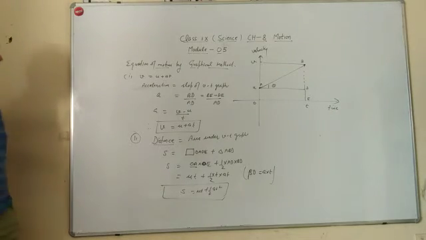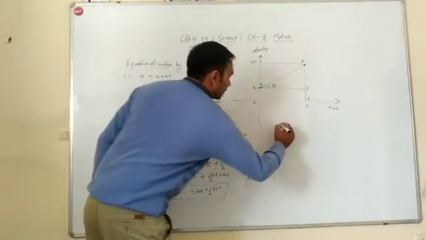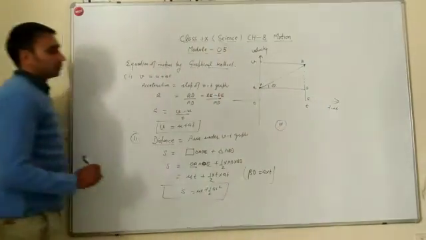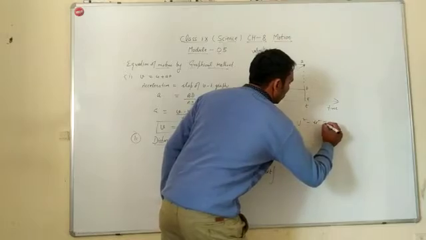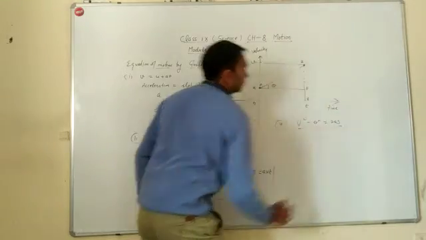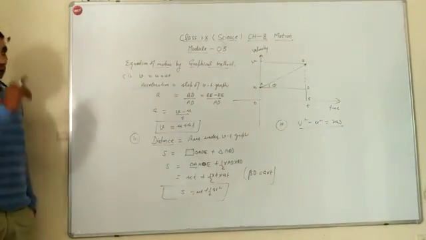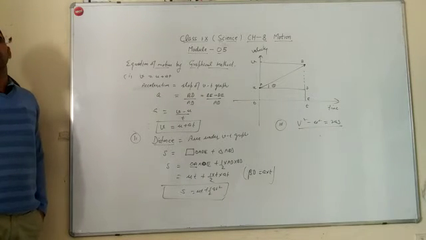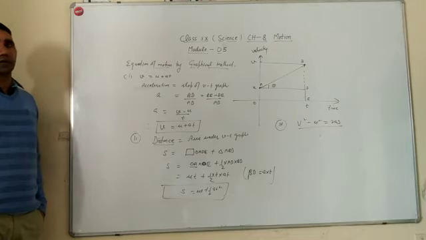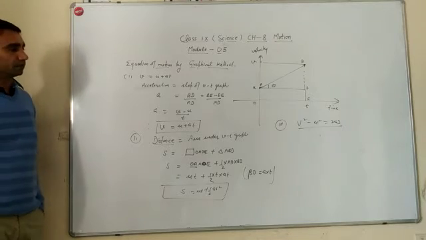Now in the third equation of motion, v square minus u square is equal to 2as. In the third equation of motion, the distance covered by the object is equivalent to the area under the velocity time graph, which is equivalent to the area of the trapezium.